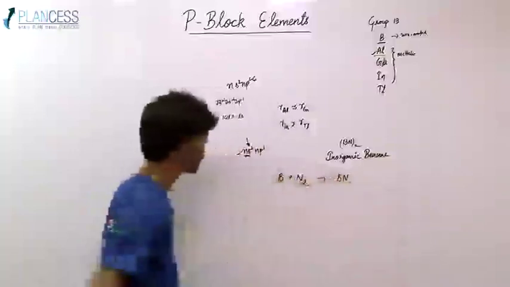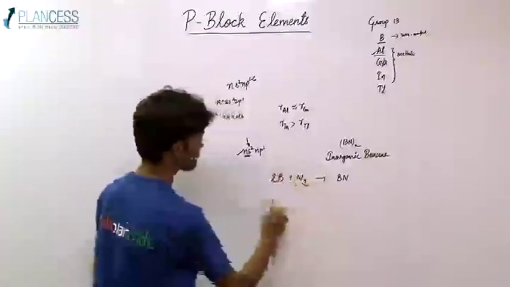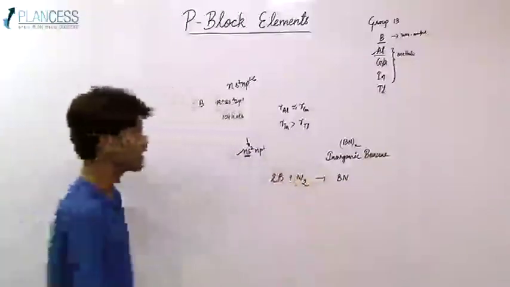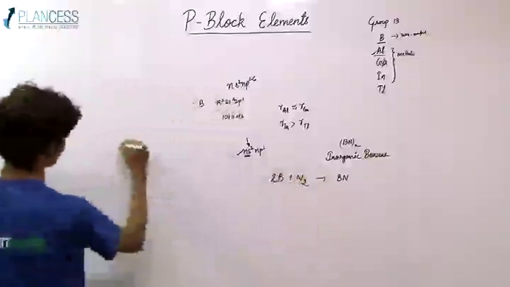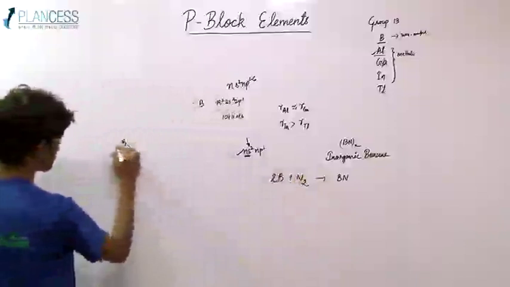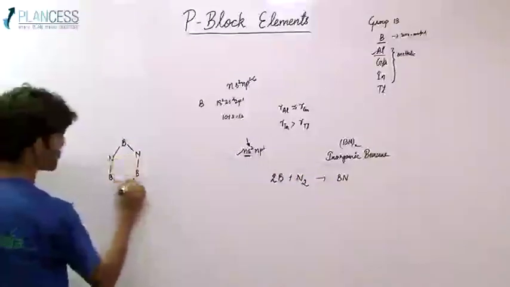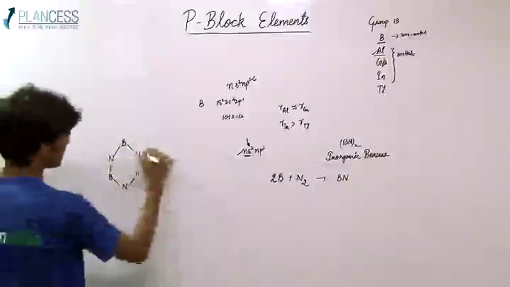So it would be 2B plus N2 giving BN, and its polymeric structure would be something like boron, nitrogen, boron, nitrogen, forming a 6-membered ring which is quite similar to that of benzene.